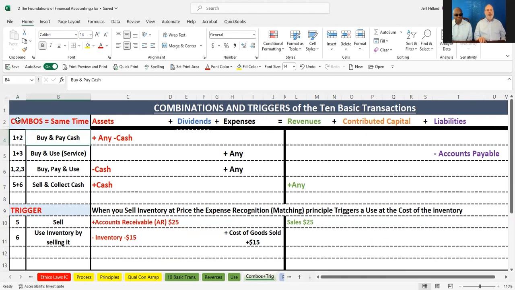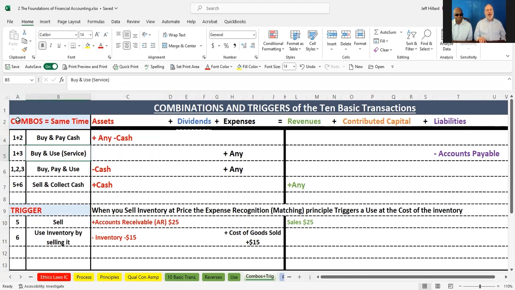But what if you do buy and pay right away with cash? It's add asset, minus cash. So this is really a simpler form. You don't ever get the accounts payable. Typically, this is not done in business a lot. Okay, usually it's buy now, pay later, but sometimes it's buy now, pay now.